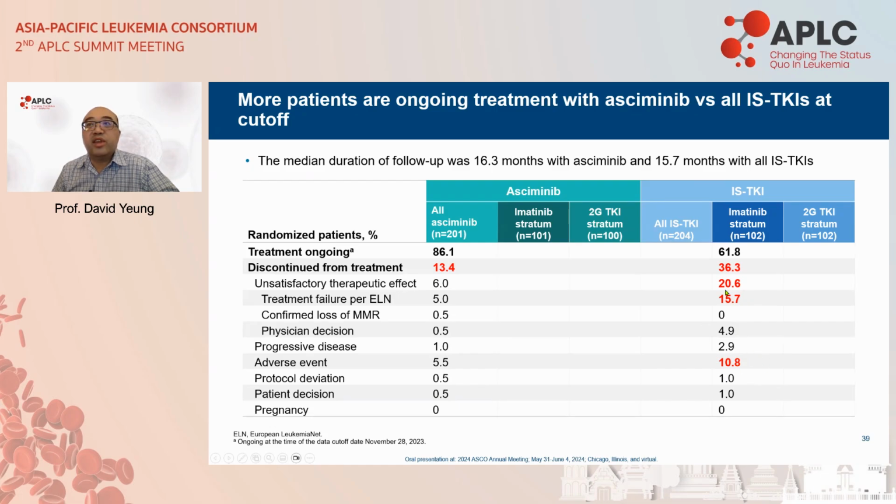Resistance here is 20% and intolerance is 10%. Again, the rate is very significant compared to the asciminib rate. The second generation TKI discontinuation rate is intermediate, about 20%. So again, this bears out what the Italian campus study tells us. Again, it's a mixture of resistance, 10%, and toxicity, 10%.